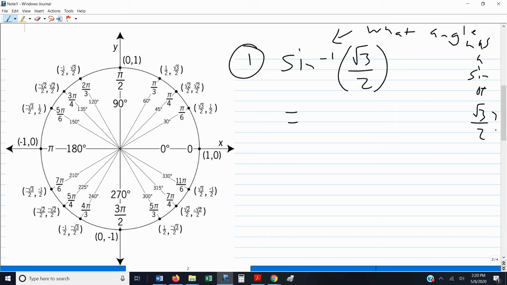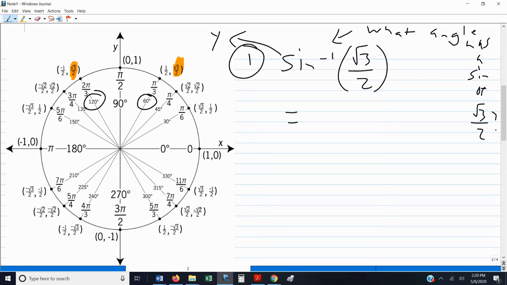What angle has a sine of √3/2? So think about, is the sine the x or the y value? It is the y value. And if I'm going around the unit circle and I'm looking for where are there y values of √3/2, I see one here, and I also see one here. So both of those angles would be possible answers.